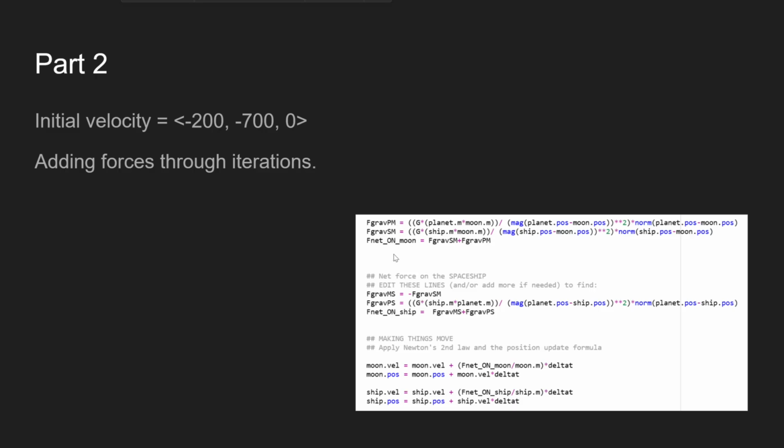When you go to the ship, you can just do the negative of this, Newton's third law, equal but opposite directions. The force of gravity from the planet on the ship is just another one of these same exact processes. Add them together, and then it's kinematics. Find whatever the initial velocity is plus this new acceleration times time.